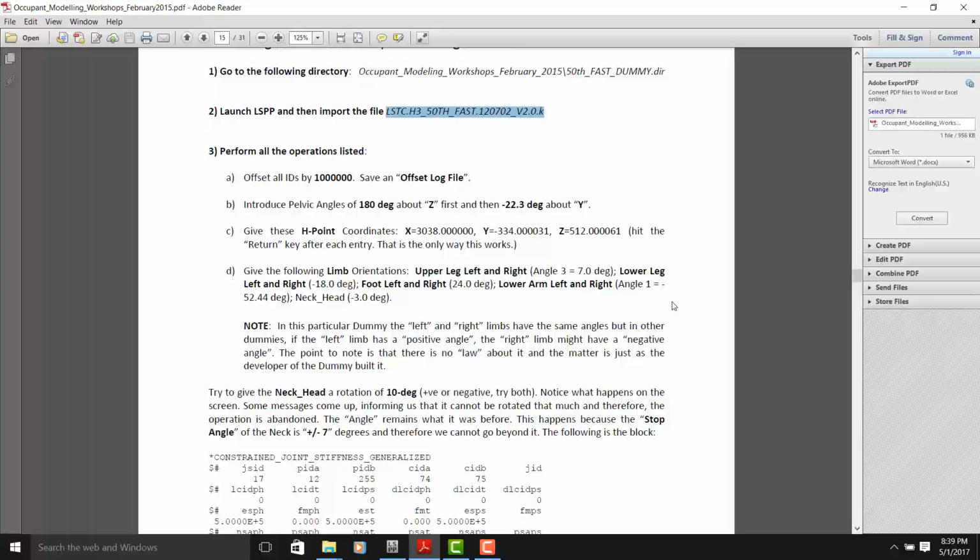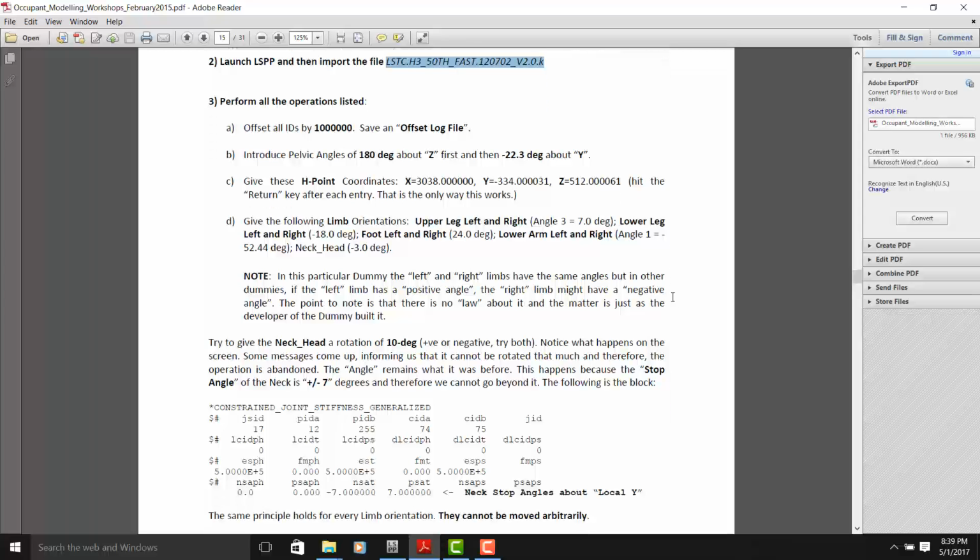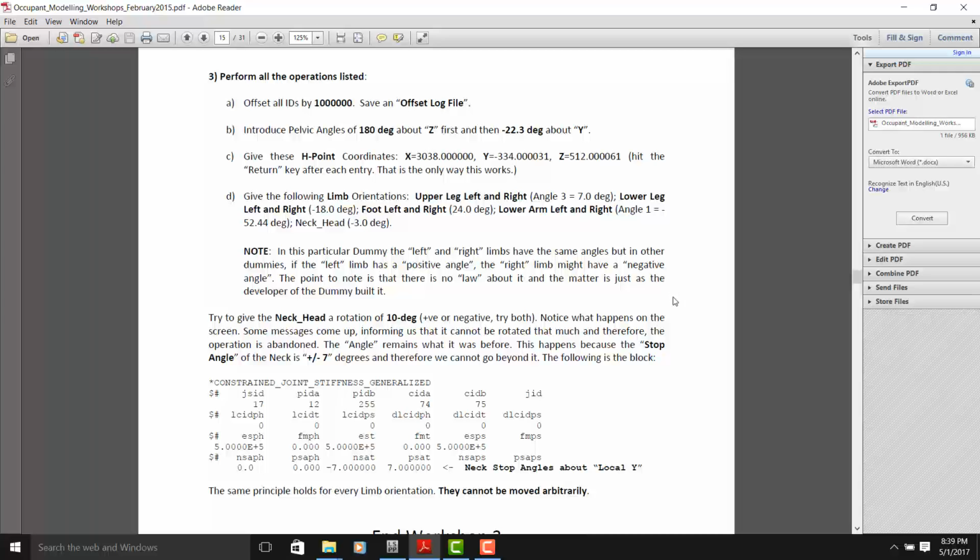Give the following limb orientations like upper leg left and right, lower leg left and right, feet, arms, and so on, as I've listed. These are just small exercises. In this particular dummy, the left and right limbs have the same angles. But in other dummies, if the left limb has a positive angle, the right limb might have a negative angle.